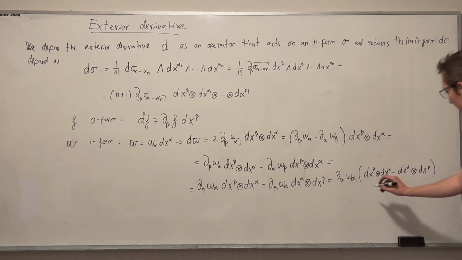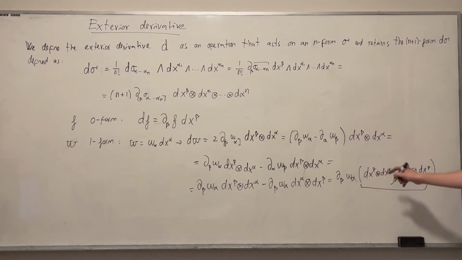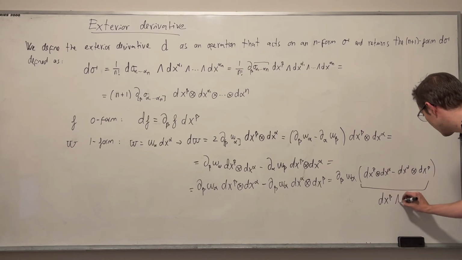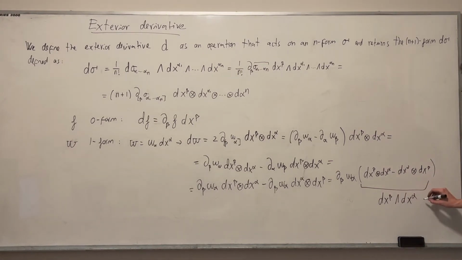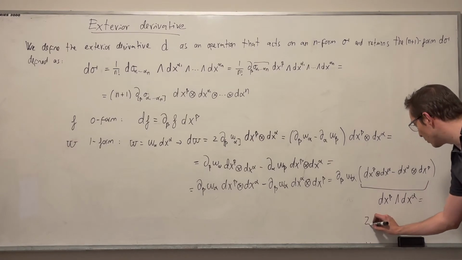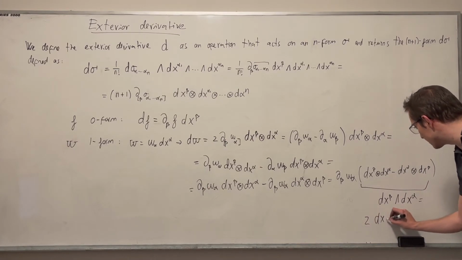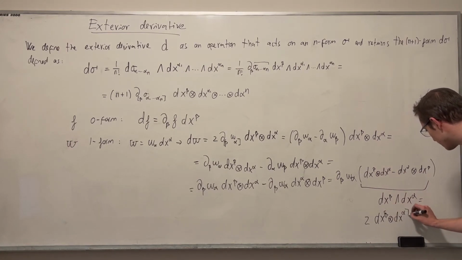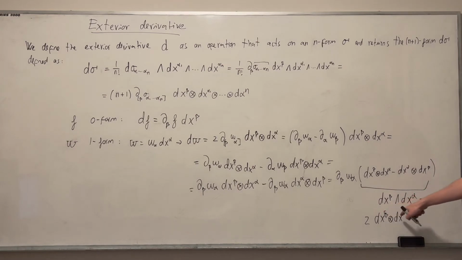And now this thing is exactly the wedge product of dx beta dx alpha, right? Remember that dx beta dx alpha was defined as twice the anti-symmetrized tensor product. It would be like this, dx beta tensor dx alpha, right? And then the anti-symmetrization gets a 1/2 that cancels the 2, so this thing is exactly the wedge product.